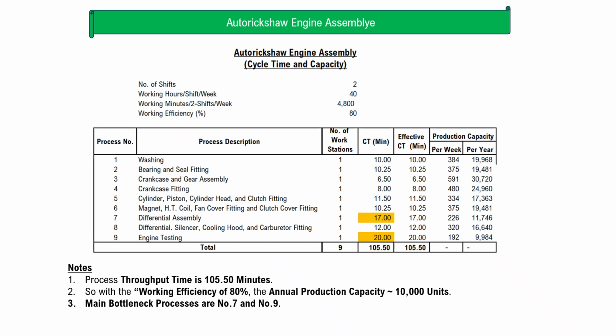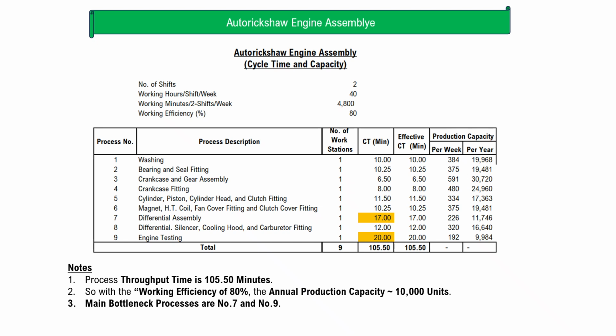We assume a working efficiency of 80%, and we have listed all the processes and the cycle times. Then we can calculate capacity based on this data on a weekly basis, then on a yearly basis.